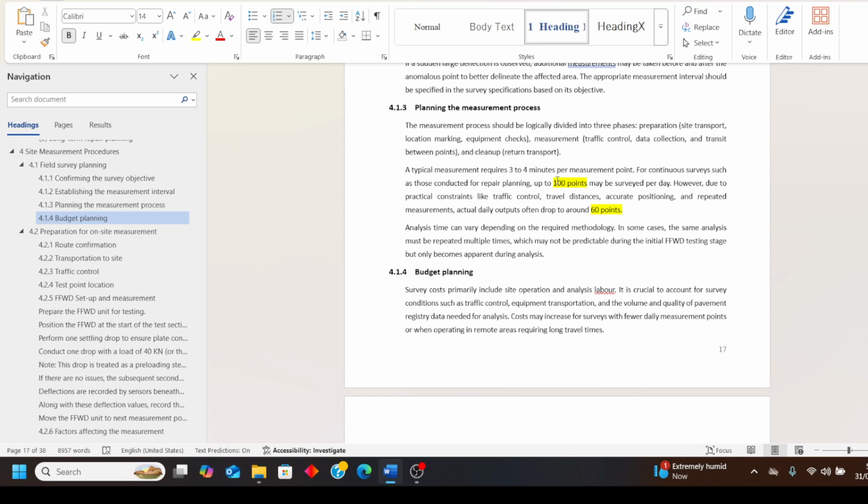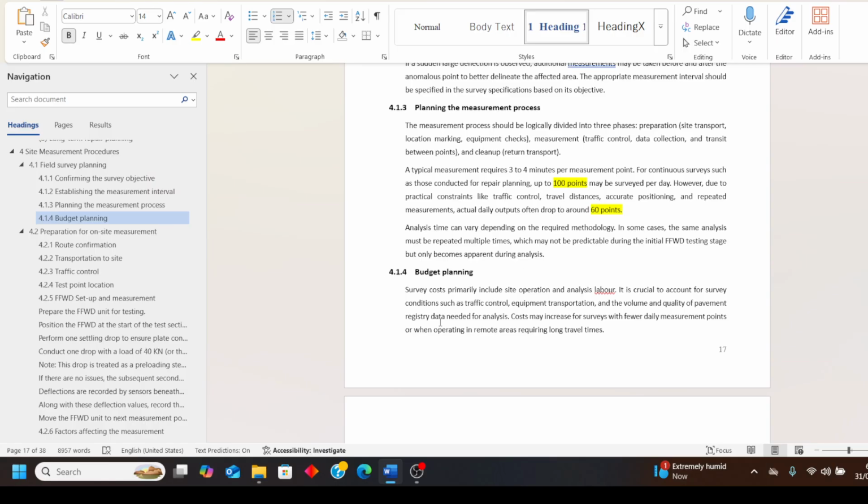Typically, it can also be 100 points per day, but realistically speaking, as per the survey conditions and the survey experience that has been carried out on the Punjab Road Network, it has been stated in this manual that 60 points per day are collected as data instead of 100 points per day.